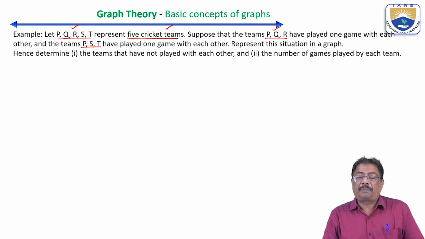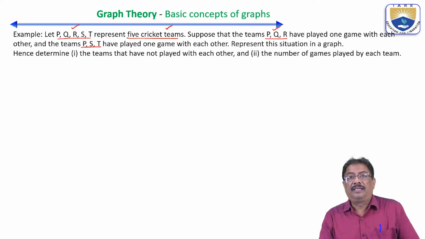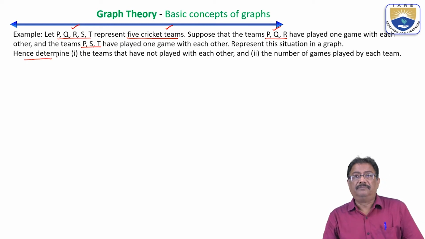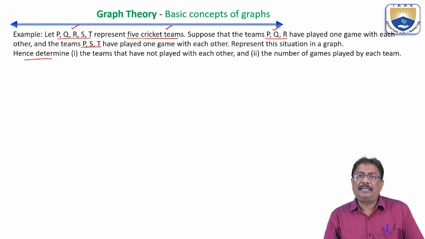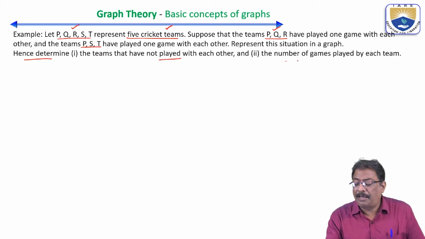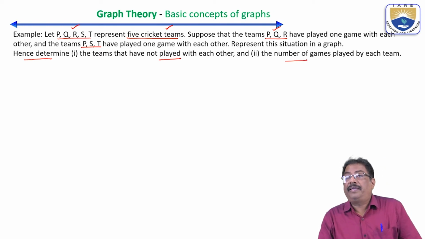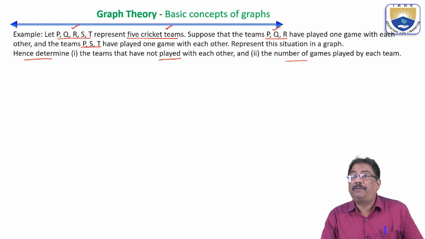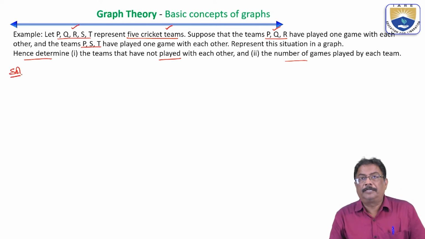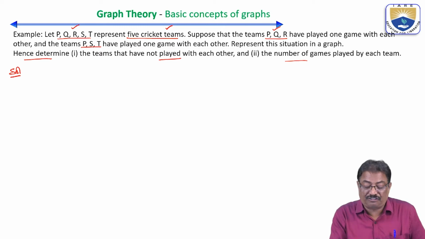Now we are going to represent this situation in a graphical notation, and we have to determine the teams that have not played with each other and the number of games played by each team. For this, we consider the 5 cricket teams as 5 vertices.